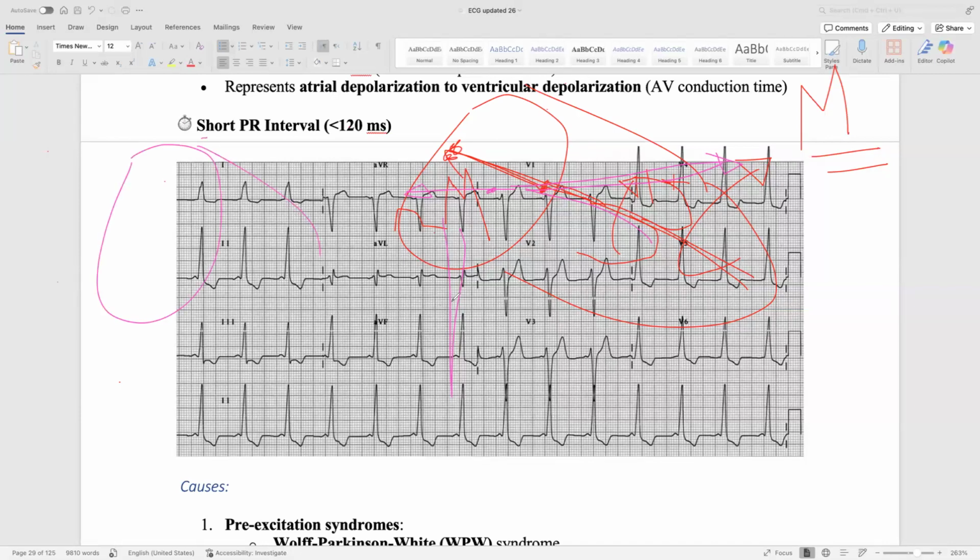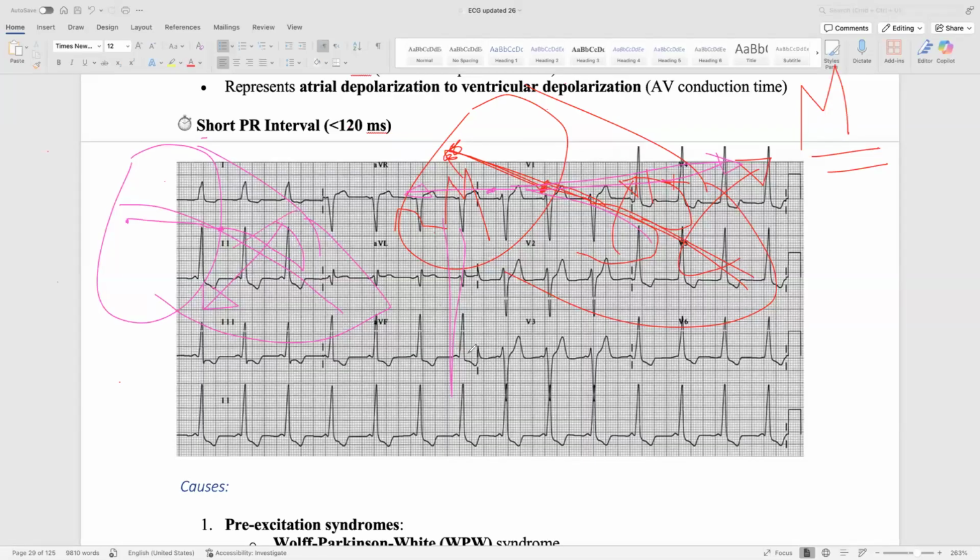It is transmitting the electricity from the left atrium to the left ventricle instead of the normal pathway. This transmission of the electricity is fast.